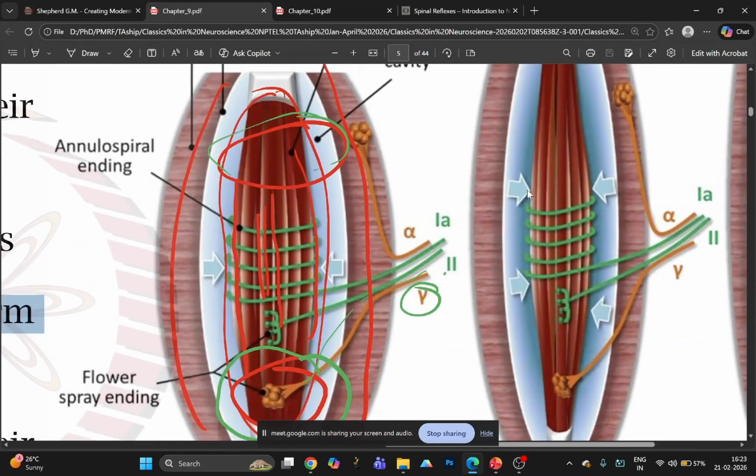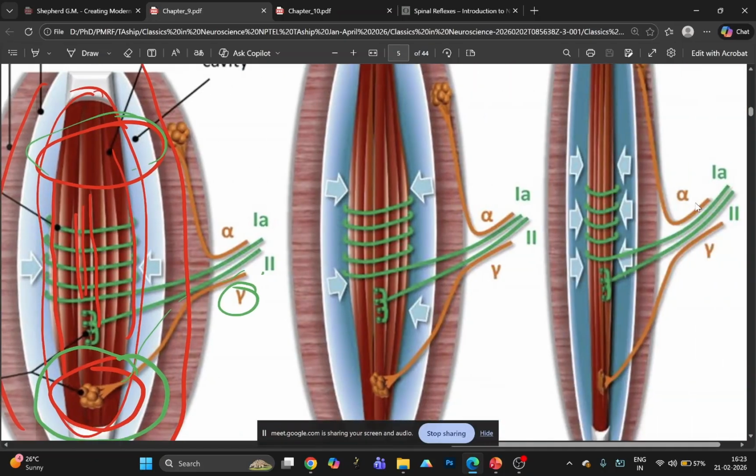Whenever there is a stretch of the muscle, the information will be received by these muscle spindles. Because of the contraction of the muscles, the stretch information and the speed and velocity of stretch will be carried away from these muscle spindles by the sensory afferents.